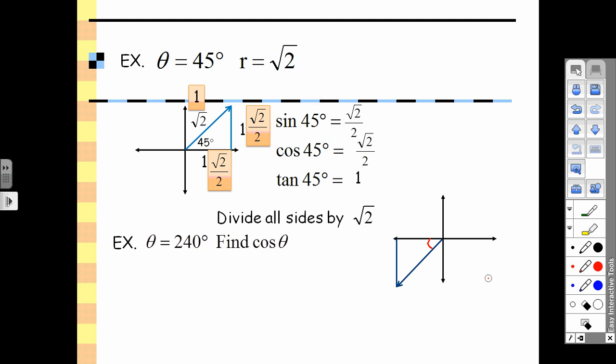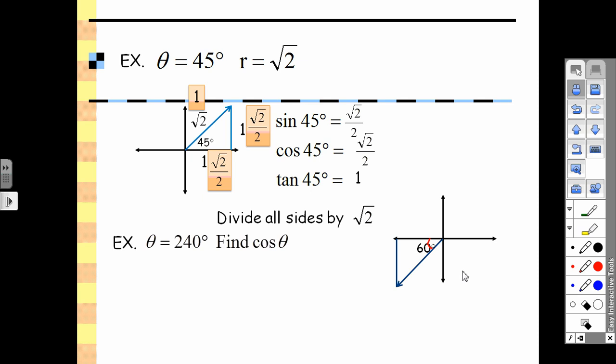So if you recall, a few days ago, we talked about how do you find a reference angle depending on what quadrant you're in. So if this entire angle going all the way around to here is 240, and we subtract this, which is 180, we should have the remaining piece left over. So the reference angle is going to be 60 degrees.